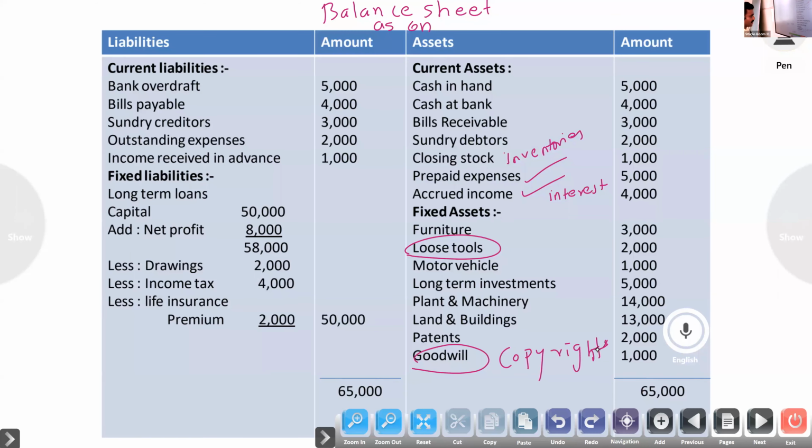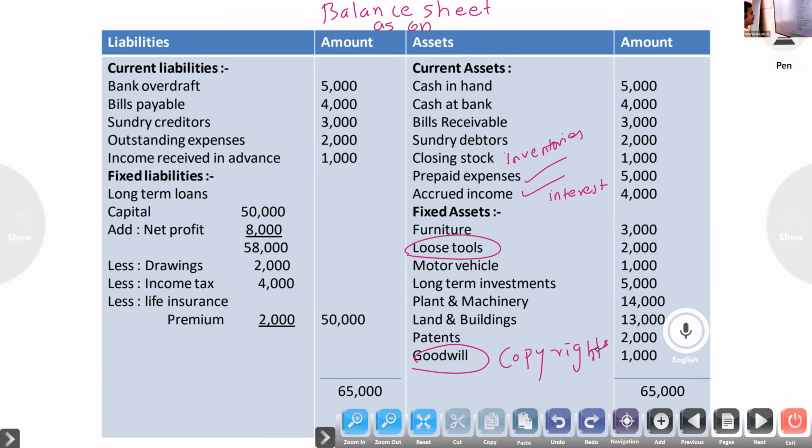Patent is the right to exclude others from producing a particular product. Copyright is the right to publish a product.